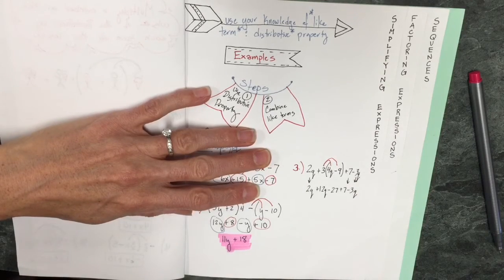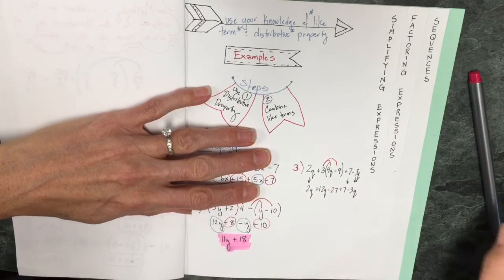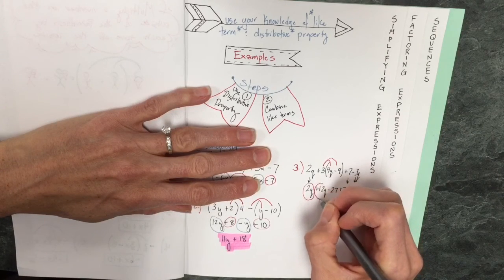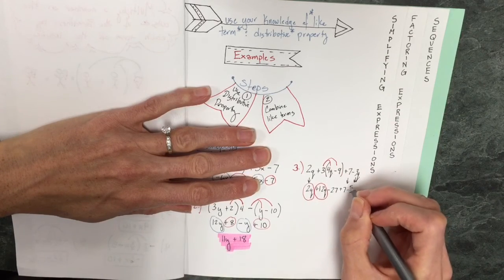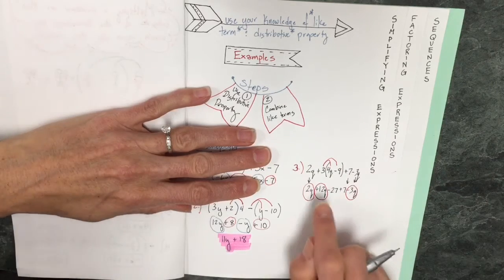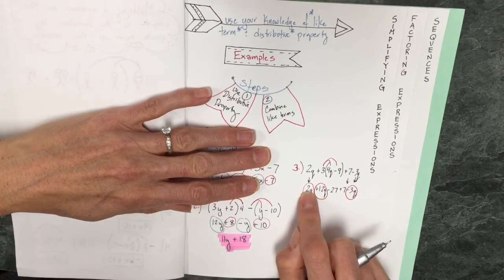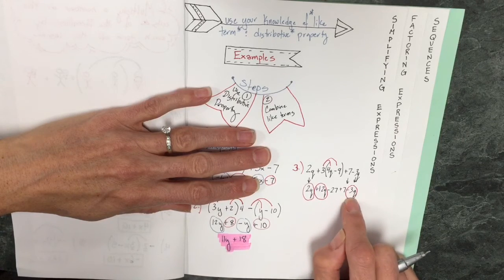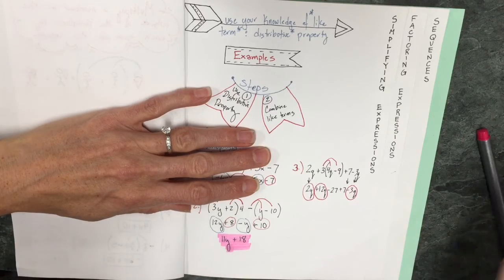I have a lot of q's that are like terms. So I'm going to circle 2q, positive 12q, and minus 3q. So these two together make 14, right? 12 plus 2. And then I've got 14 minus 3, that's 11q's.